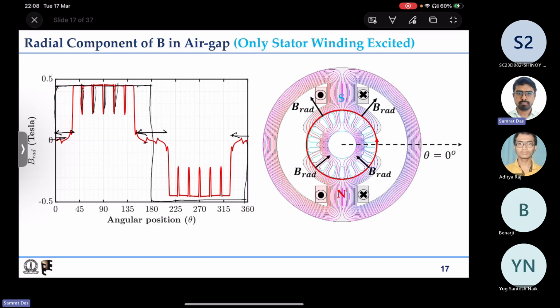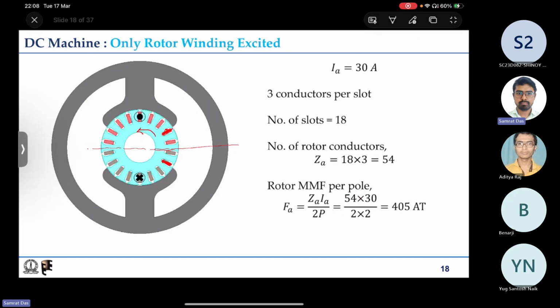So the same principle can be applied anywhere to get the B distribution. The steps are, first you have to get the MMF distribution, MMF versus theta. Then you have to get some sense of Lg versus theta, the length of flux line through the air gap versus theta, some sense of this, high, low, where low.